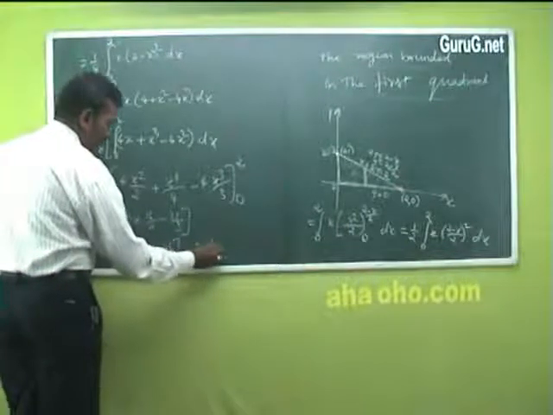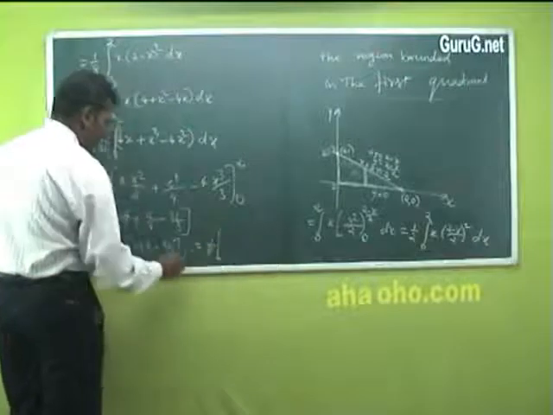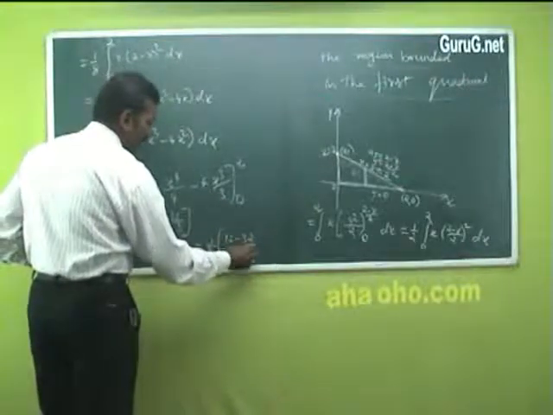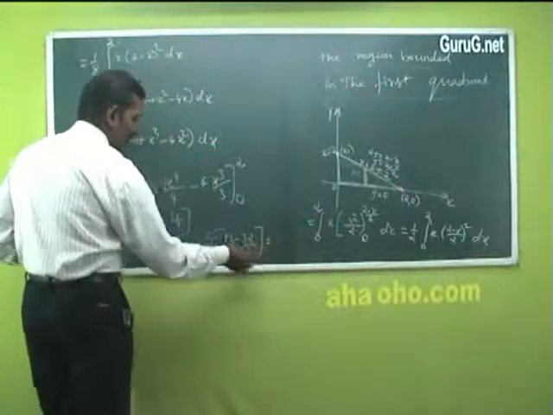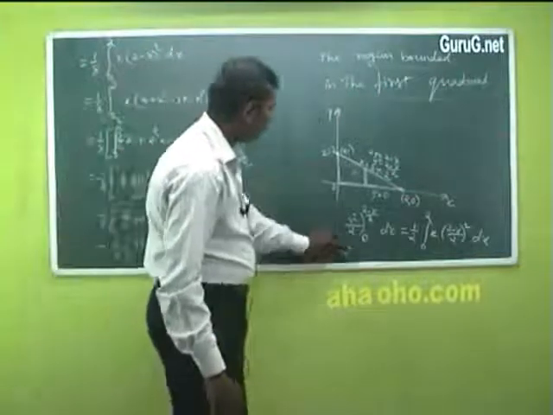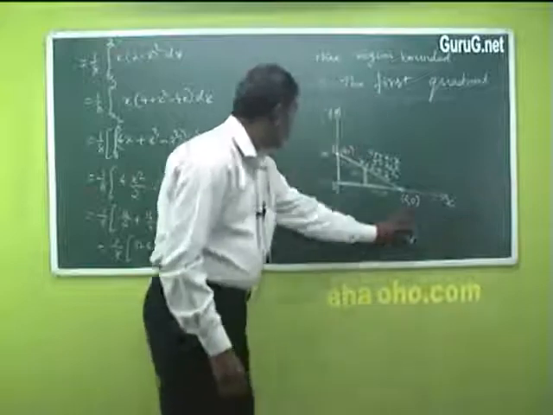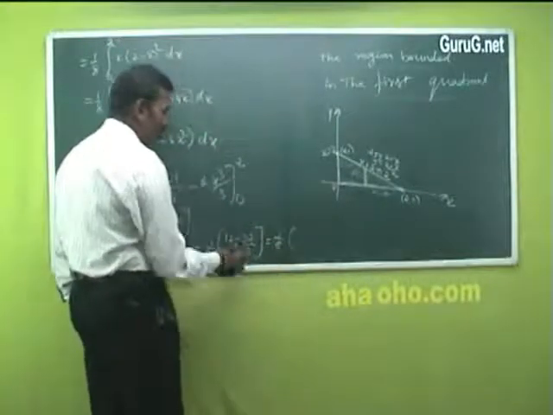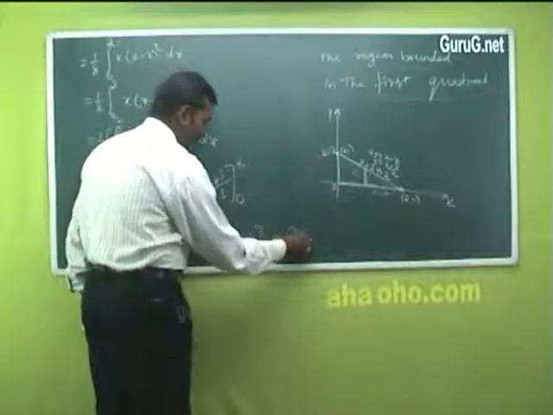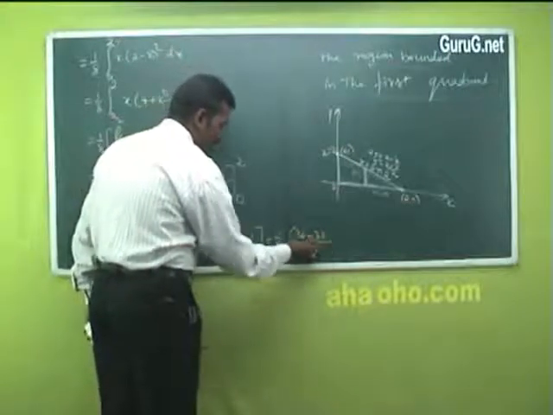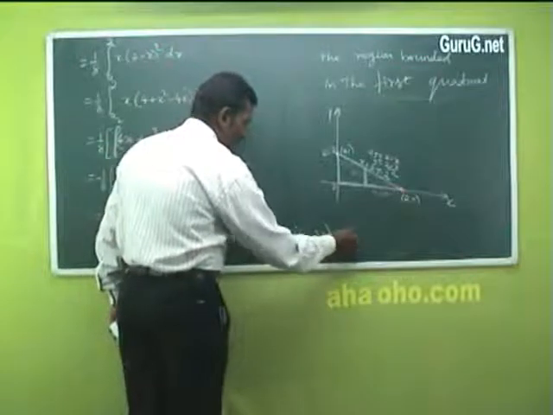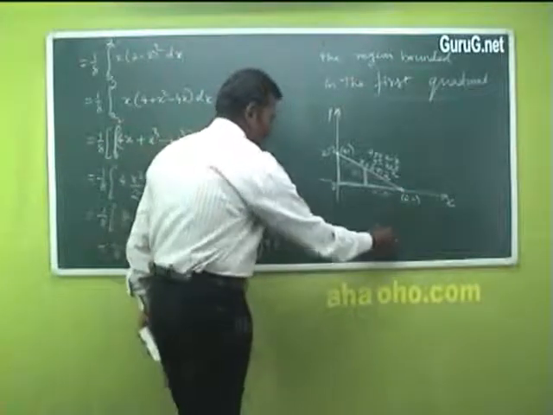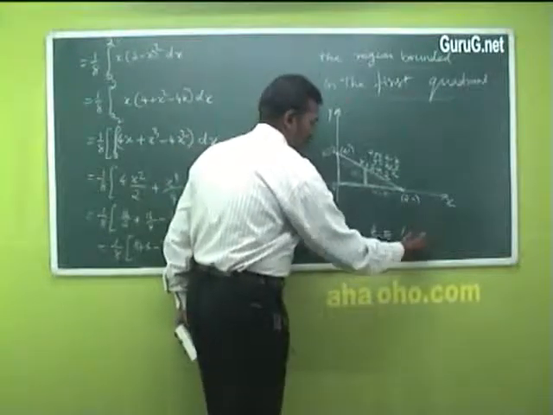So 1 by 8, 12 minus 32 by 3. Take this LCM, so 1 by 8 into 12 3s are 36 minus 32 by 3. This is equal to 1 by 8 into 4 by 3. This is equal to 1 by 6. Clear?